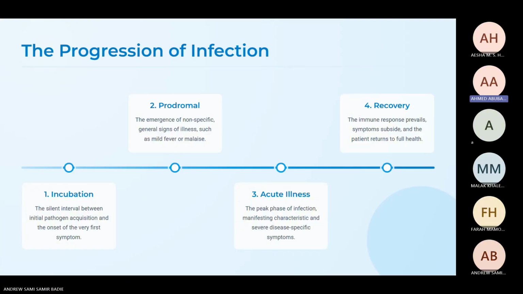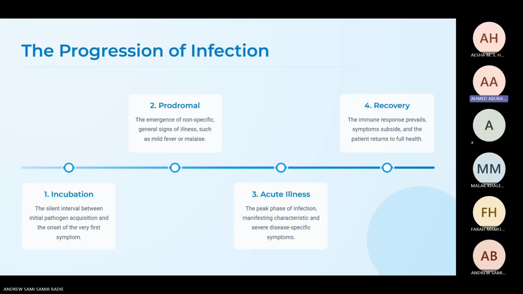The second stage is the prodromal stage, where you start feeling something very weak to start with, like a mild fever, feeling a bit tired and a little achy. The disease is still developing, but you start developing a little bit of symptoms.